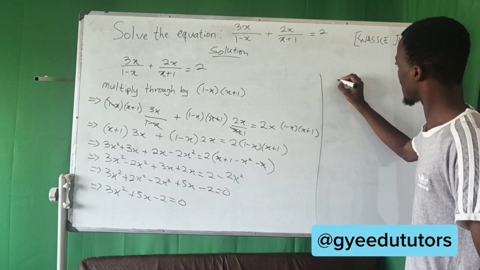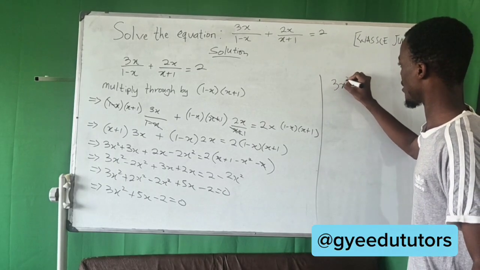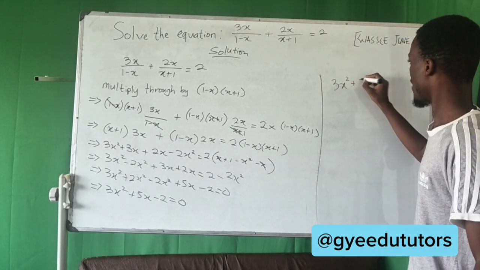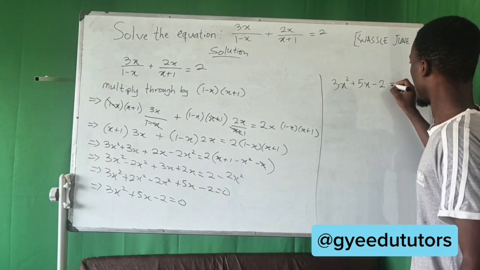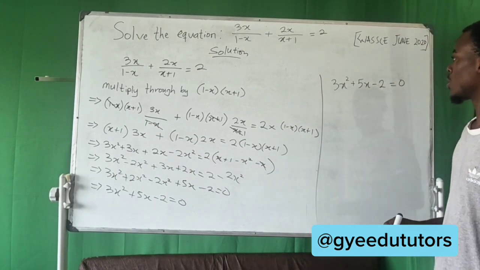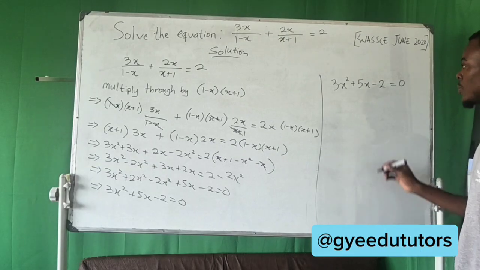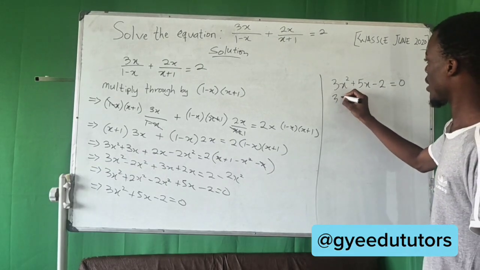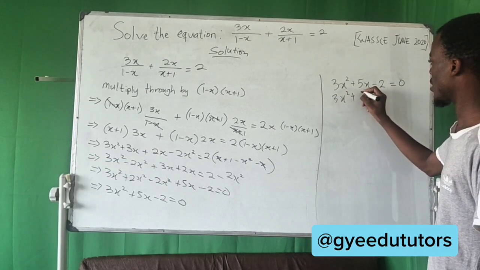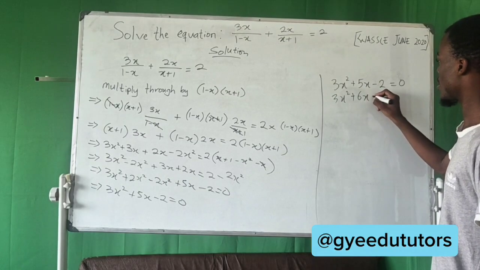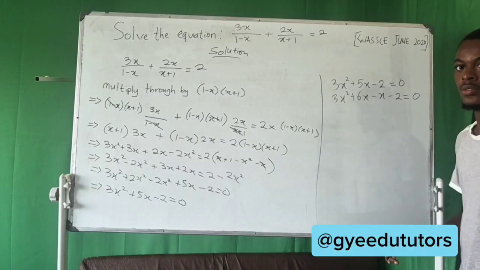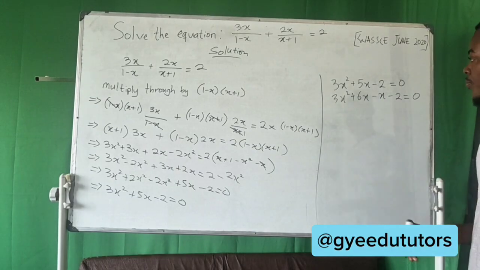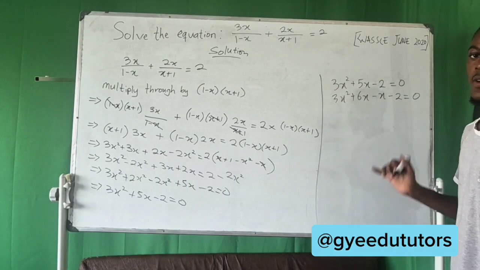So now we have what? 3x squared plus 5x minus 2 equals 0. So now we are splitting it. Okay. So now we have what? 3x squared plus 6x minus x minus 2, which is equal to 0. Okay. So now you can what? You can factorize here.